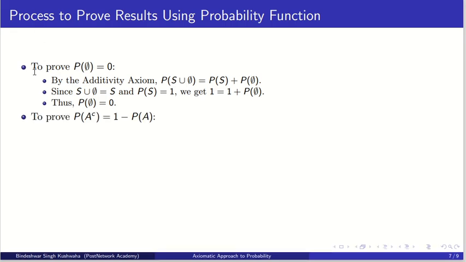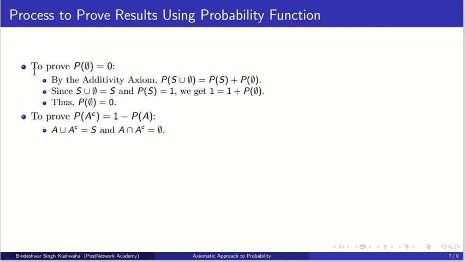Now let us prove P(A complement) is equal to 1 minus P(A). You know that if you take the union of a set and its complement, that will be the whole universal set, in our case the sample space S, and A intersection A complement would be phi.